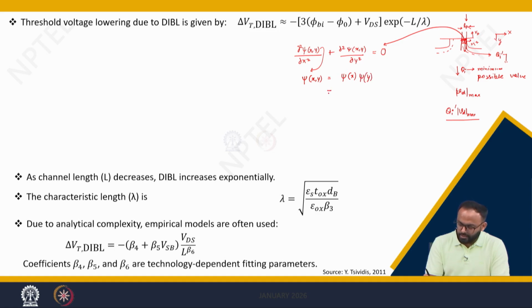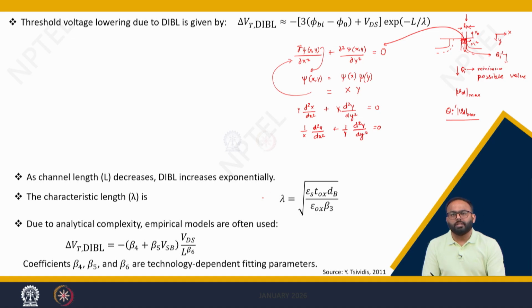We can simply define them as X(x) and Y(y). To rewrite this equation, we can simply write Y times d square X divided by dx square plus X times d square Y divided by dy square is equal to 0, or we can rewrite it as 1 over X d square X by dx square plus 1 over Y d square Y by dy square is equal to 0.